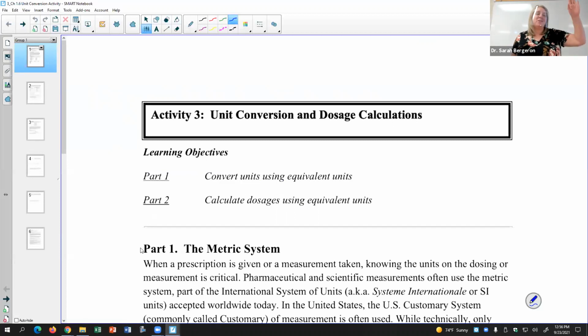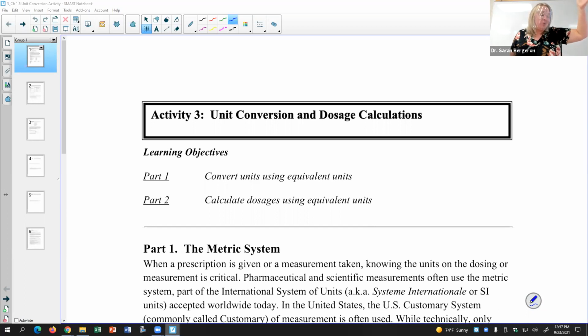So raise your hand if you want to do unit conversion and dosage calculations, and put a U on the chat if you want unit conversion and dosage calcs, and raise your hand if you're in the classroom if you want to do this one. Yeah. Oh, we got a lot on Zoom.